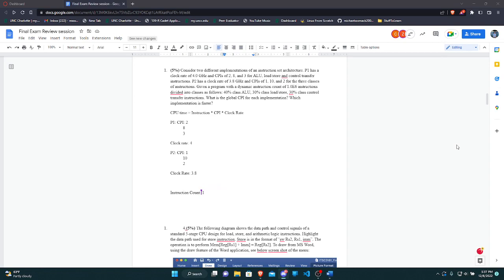All right, so we've got to add up all of our CPIs. We're given percentages for each one of the classes. For the ALU, it's going to be times 0.4. Load stores times 0.3, and the same thing for the control transfer instructions.